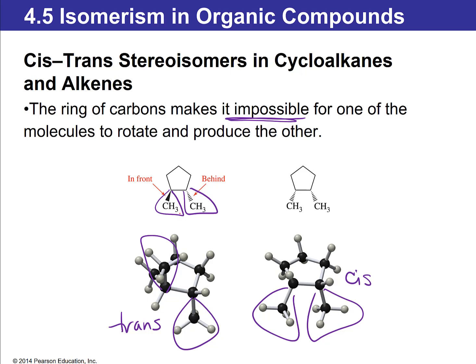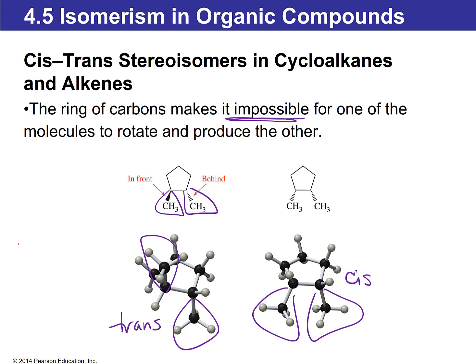So you will see the wedge and the dash. If you see two wedges, remember that means they're on the same side. If you see two dashes, it means they're on the same side. But if you see a wedge and a dash, that means one's pointing forward and one's pointing back, so they're on opposite sides.